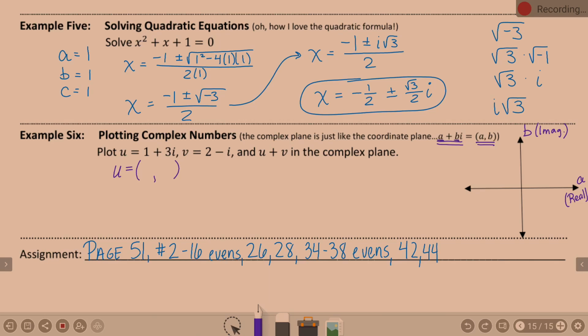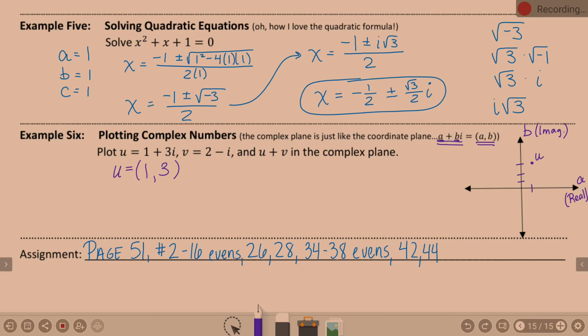So 1 plus 3i, 1 is the real part. It's kind of like your x. 3 is your imaginary coefficient. It's the y. So in order to plot u, how do I graph 1, 3? Right 1 and up 3. That is point u.